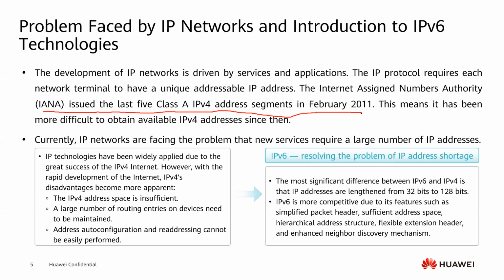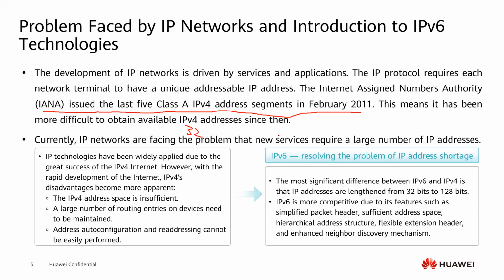So this means it has been more difficult to obtain available v4 addresses since then. Because the v4 IP address is 32 bits, it's not enough for the expansion of our network, and not enough for the expansion of a lot of applications.